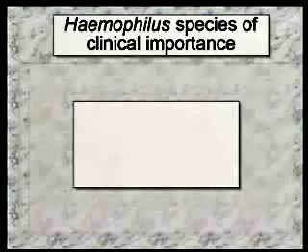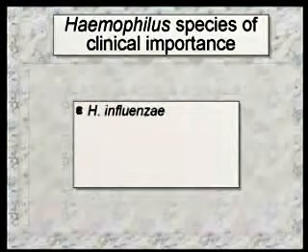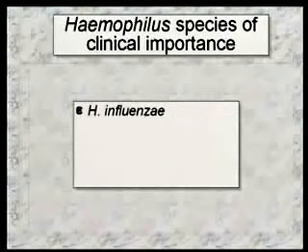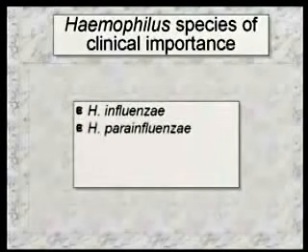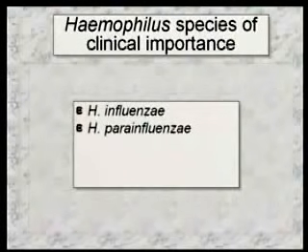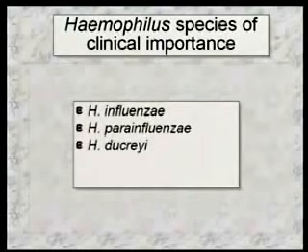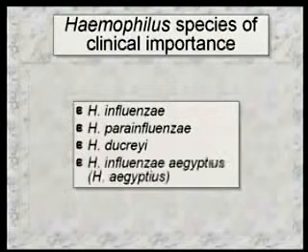The disease is caused by Haemophilus, namely Haemophilus influenzae serotype B. HIB is the abbreviation often used. There are related organisms that may cause other symptoms: parainfluenzae, and ducreyi, which is another organism that causes a sexually transmitted disease, and we'll talk about that.